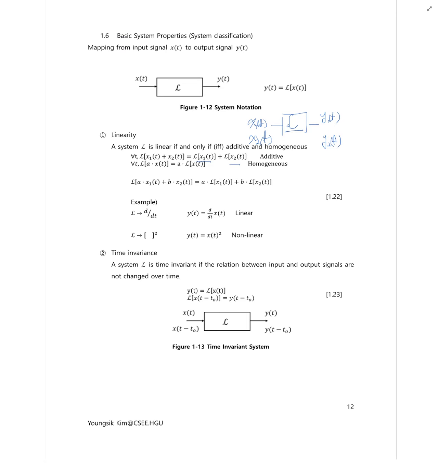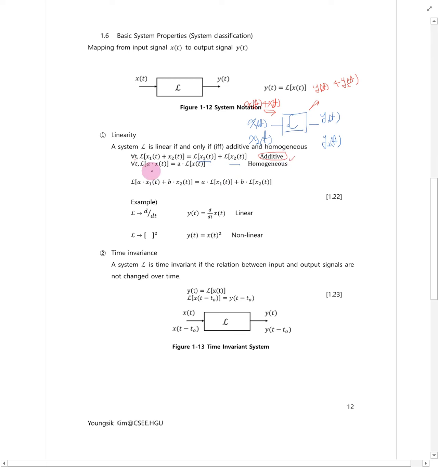Then if we add the inputs, x1(t) plus x2(t), and apply them here, the output equals y1(t) plus y2(t). That explains additivity. If the system satisfies this condition, we say it satisfies the additivity condition.